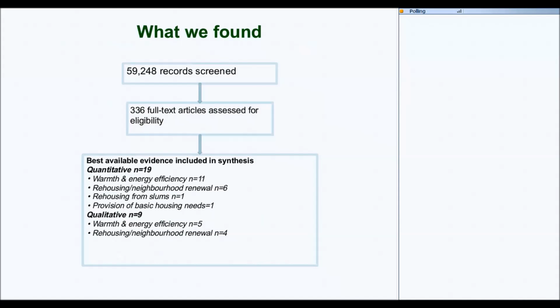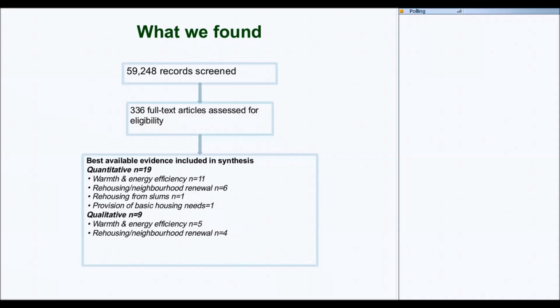What we found from these wide searches was huge. As you can see in this flowchart here, nearly 60,000 records were screened following the searching. So we spent quite a few days going through thousands and thousands of records. We cut it down to 336 full text articles that we looked at in more detail, because of all the different things we were interested in, the searches had to be very sensitive.